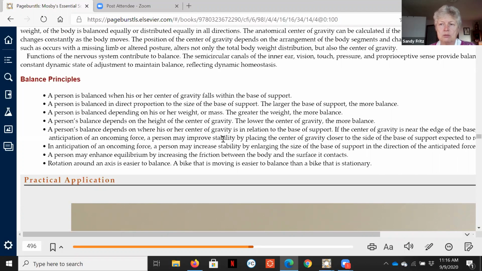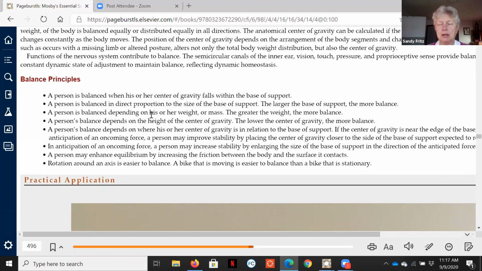We want to move the center of gravity forward so that it is between our feet and our contact point on the client. That way we get the weight transfer. Whereas if we're doing something like martial arts, we want the center of gravity to fall right between our feet, because then we are more balanced.